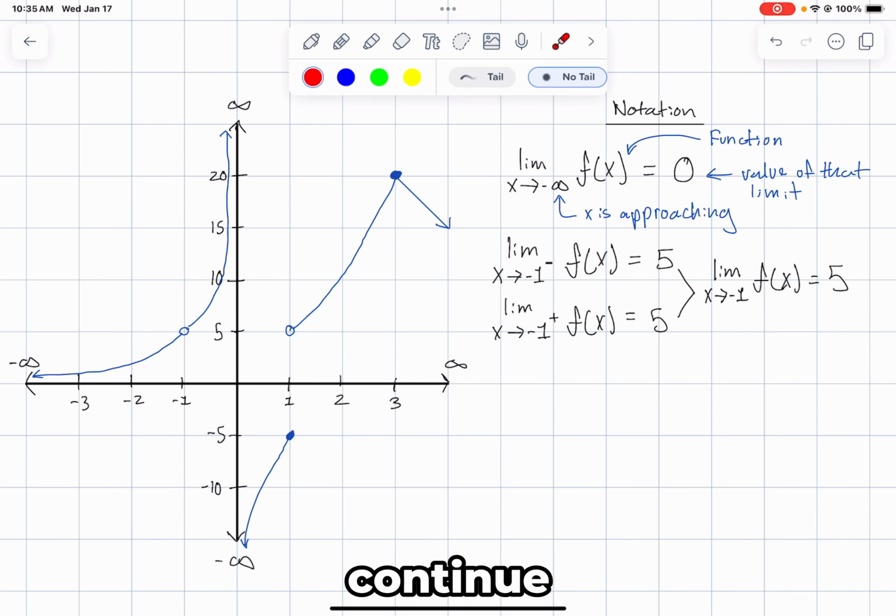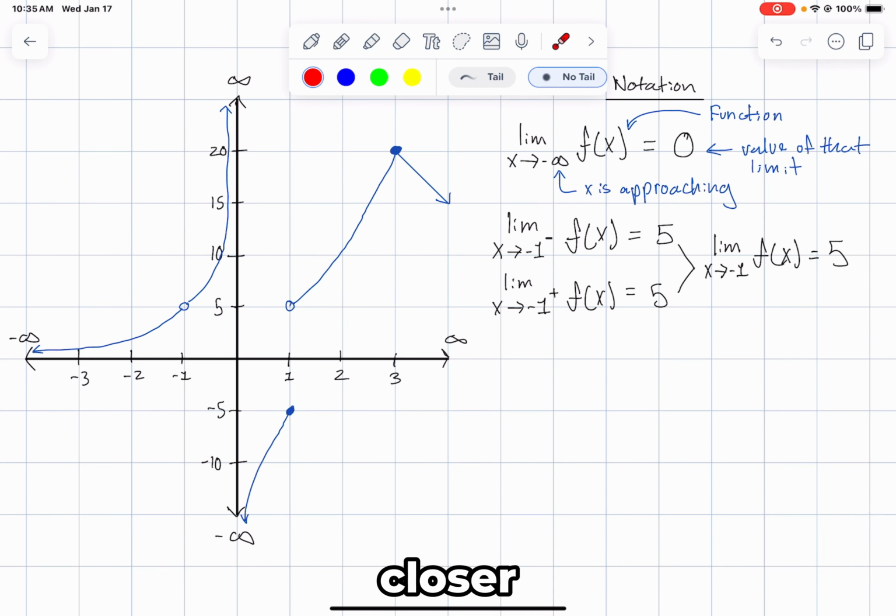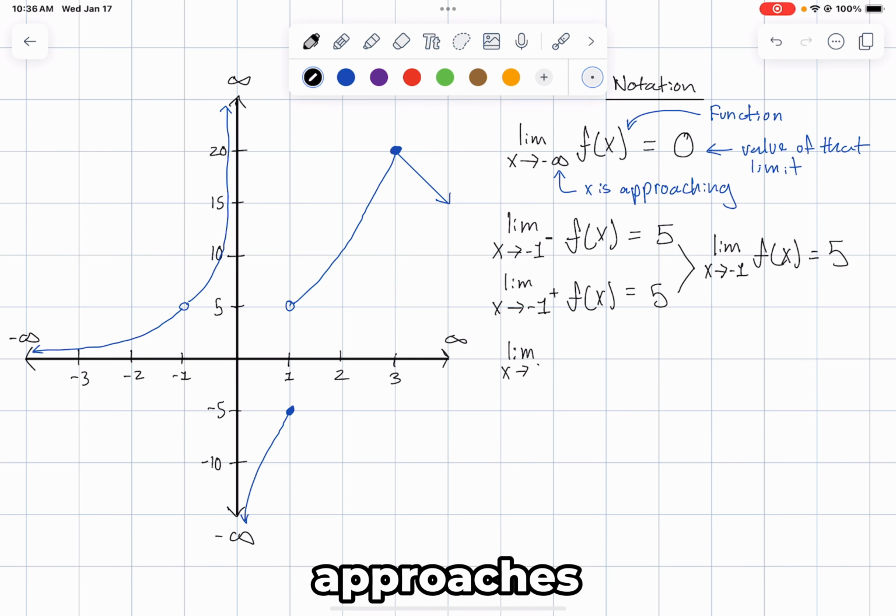Let's continue. As we go up and get closer to 0, it looks like our function is flying to infinity. But on the other side, when we approach 0 from the right side, it's flying to negative infinity. So there is no limit that exists for the limit as x approaches 0 on its own.